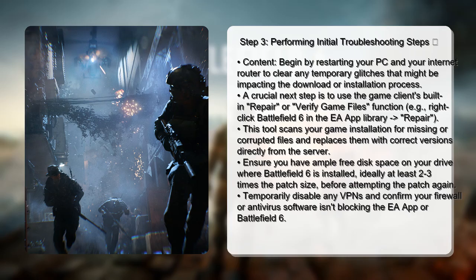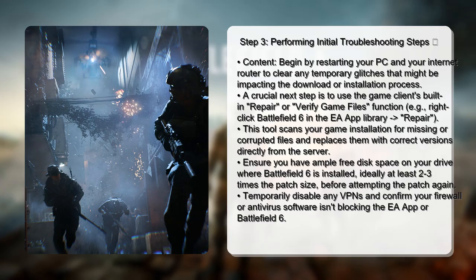Step: performing initial troubleshooting steps. Begin by restarting your PC and your internet router to clear any temporary glitches that might be impacting the download or installation process. A crucial next step is to use the game client's built-in repair or verify game files function. Right-click Battlefield in the app library and select repair.